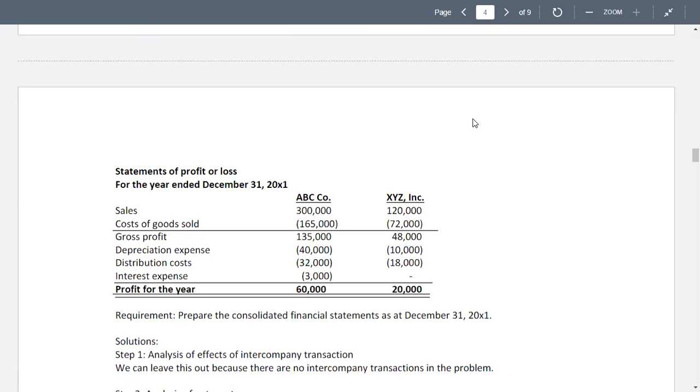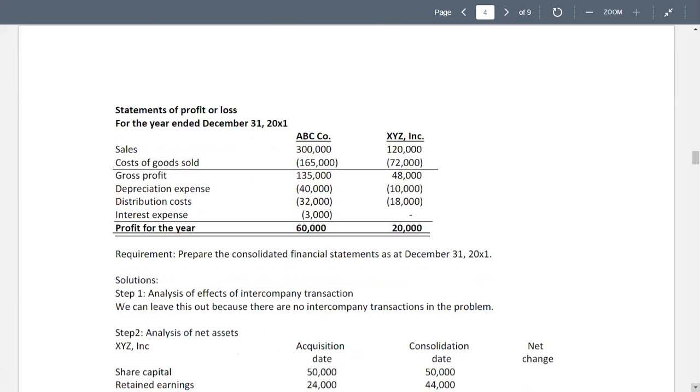Now we are adding another 20,000. That's why the retained earnings of XYZ at the end of the year is 44,000. That's the sum of 24,000 and 20,000. Requirement: prepare the consolidated financial statements as at December 31, 20X1.